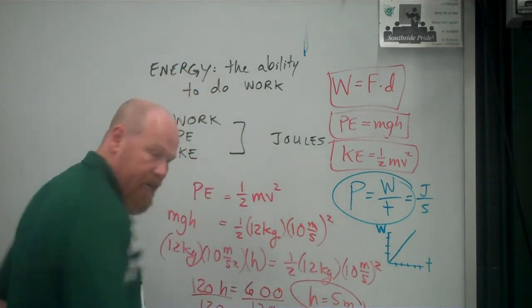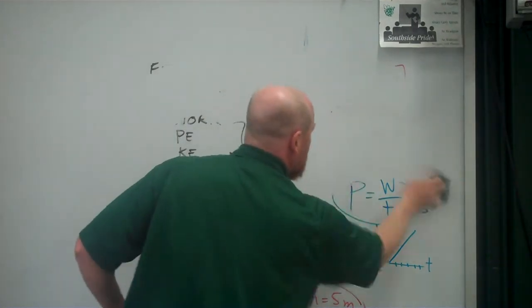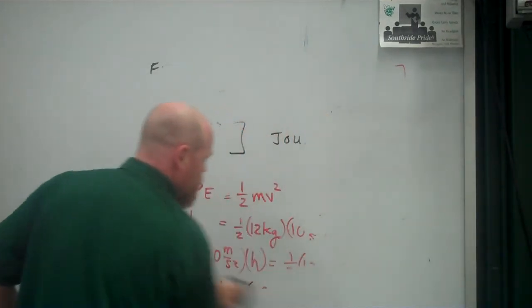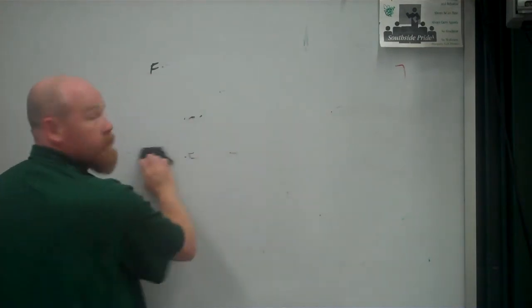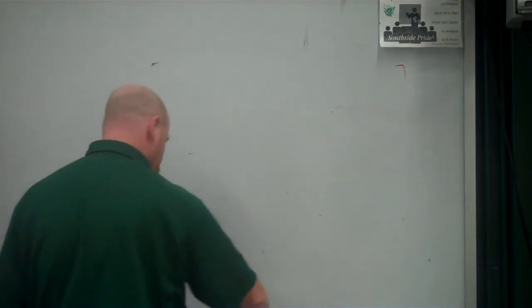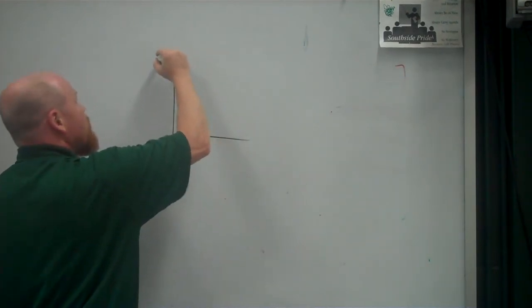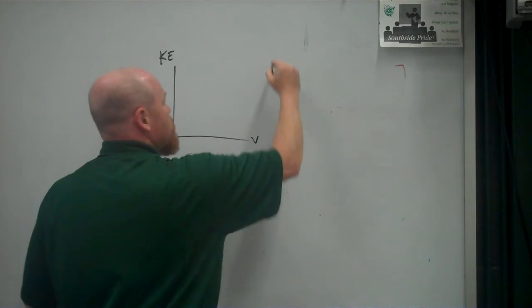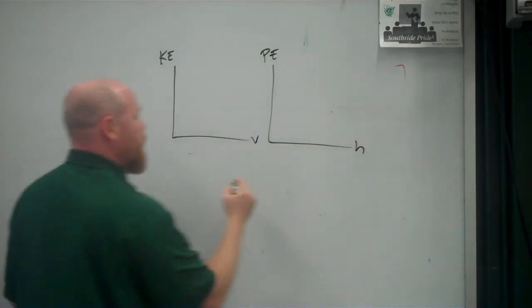Potential energy versus height graph. Okay, take a look at this. Think about what the potential energy versus height graph and the kinetic energy versus velocity graph would look like. And I'll put them up here right now. So here's KE, and this is the opposite order I set them, but we'll be all right.